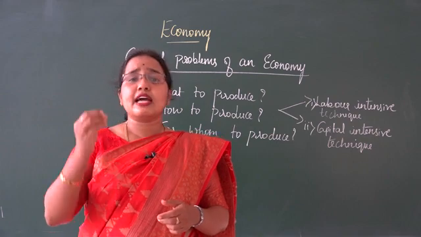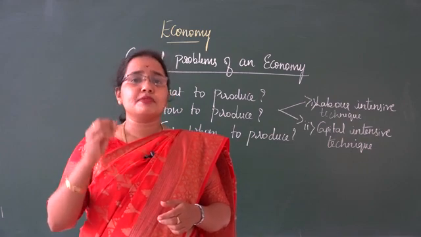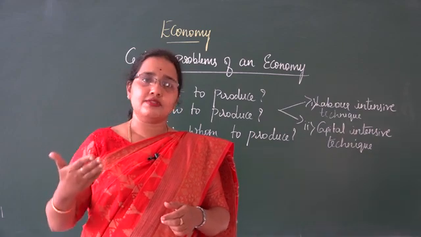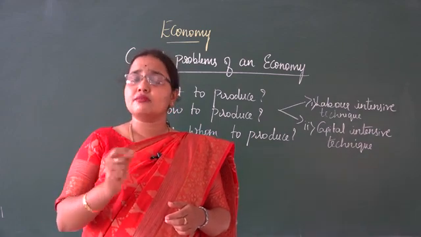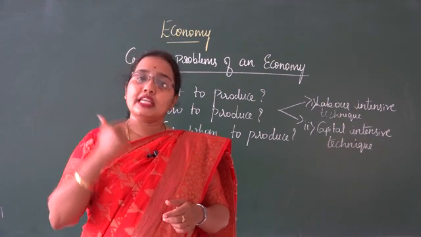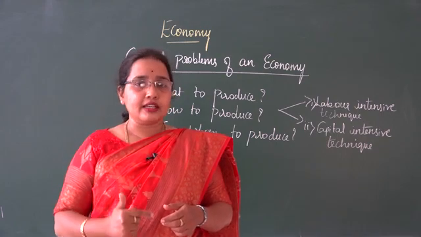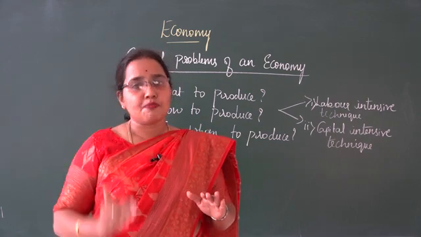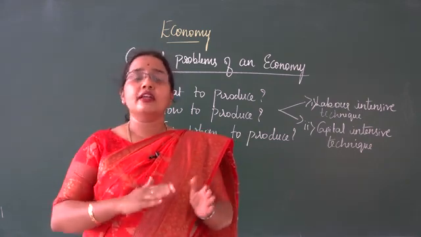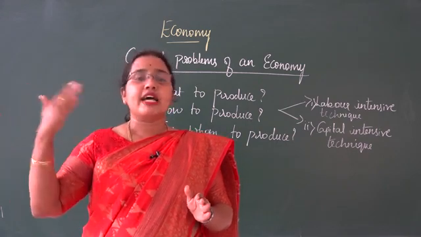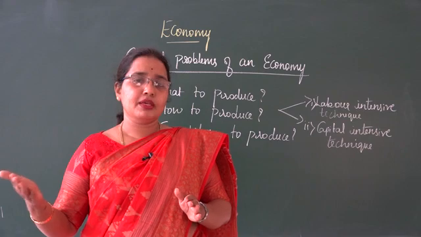The economy has to adopt the best possible mechanism in order to distribute goods and services, and this mechanism should always have the objective of reducing inequality in the distribution of income. Reducing inequality in the distribution of income is nothing but reducing poverty, and on the other hand, it has to see that it adds to social welfare as well as the standard of living of the people.